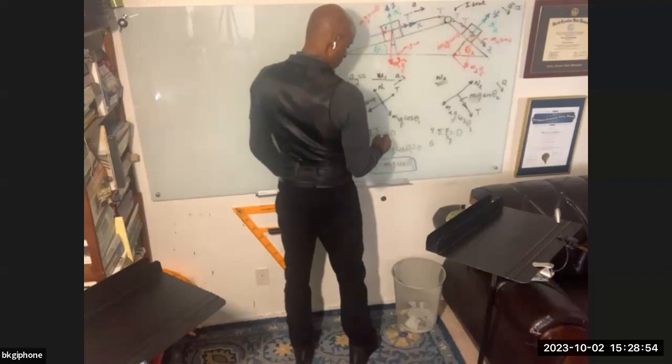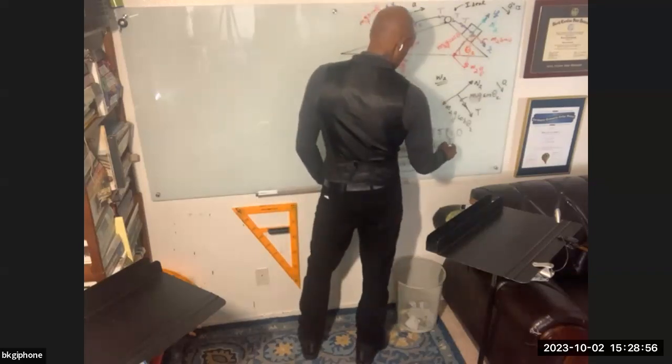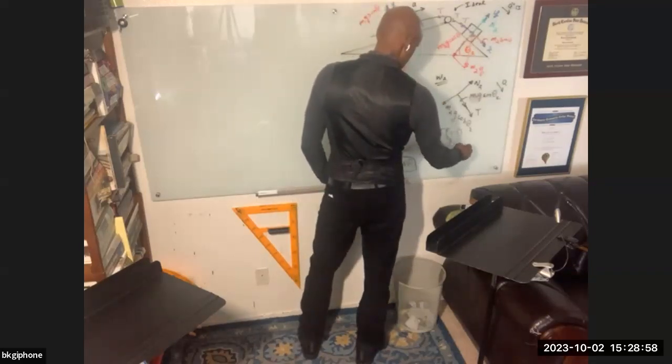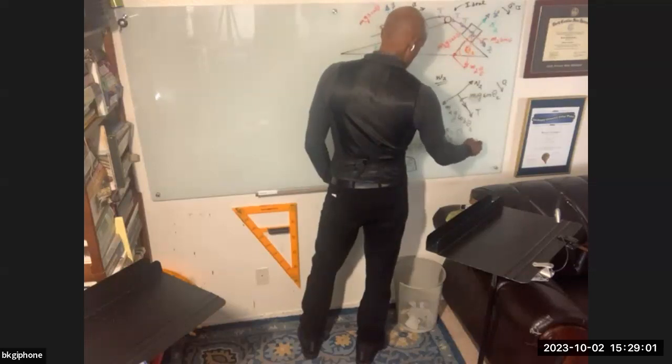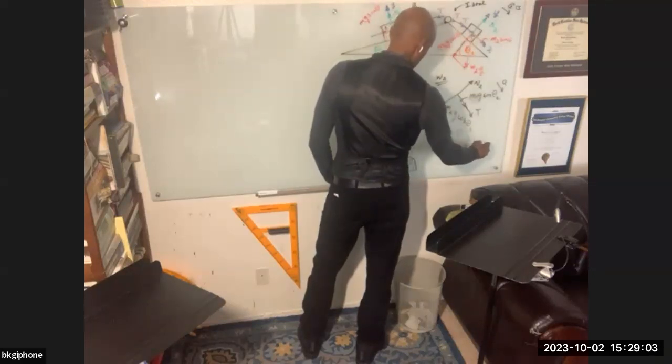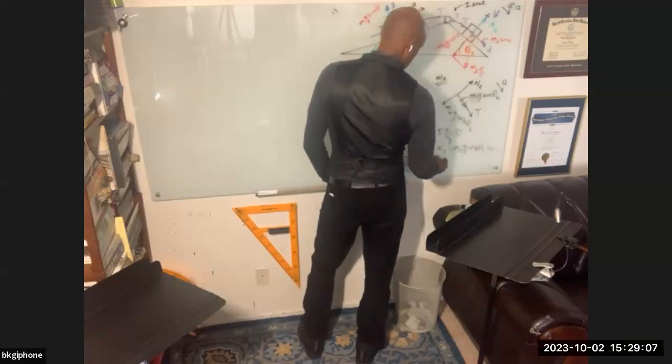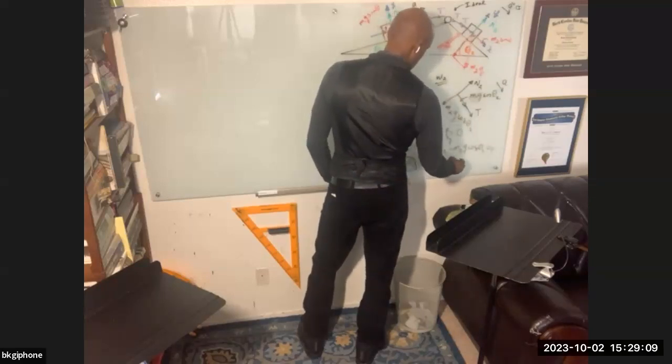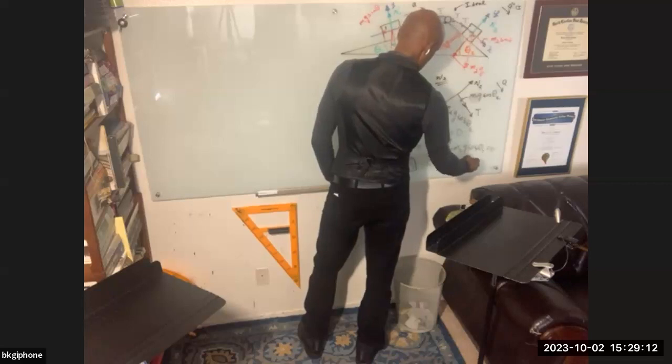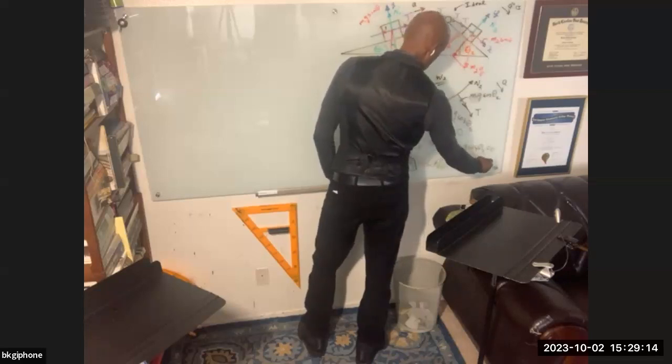So similar thing, right? N2 minus M2 G cos theta 2 is 0, so that N2 equals M2 G cos theta 2.